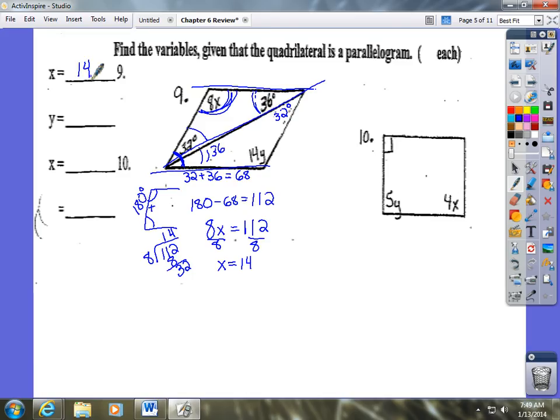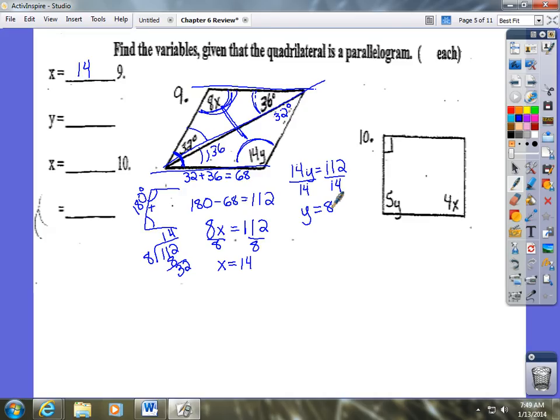Now also on this side, in a parallelogram, the two opposite sides are going to be equal. So we said that 8x was equal to 112. That means that 14y is also equal to 112. So if I divide that by 14 and divide that one by 14, I get y equals 8.